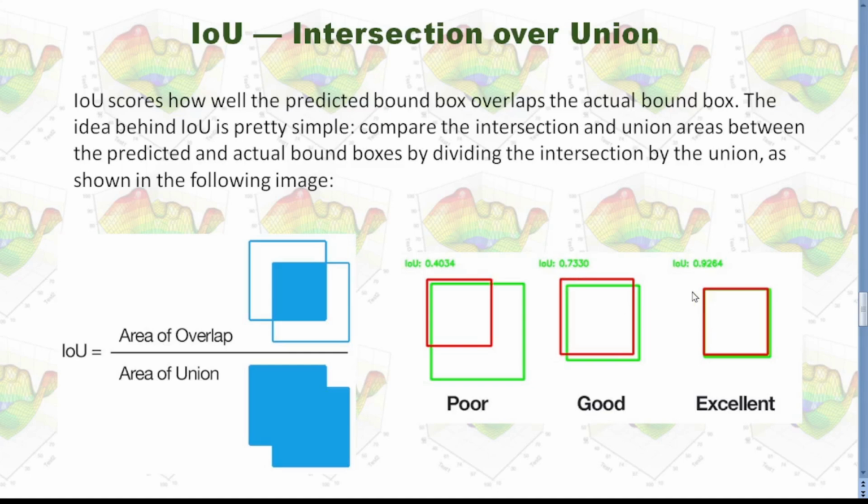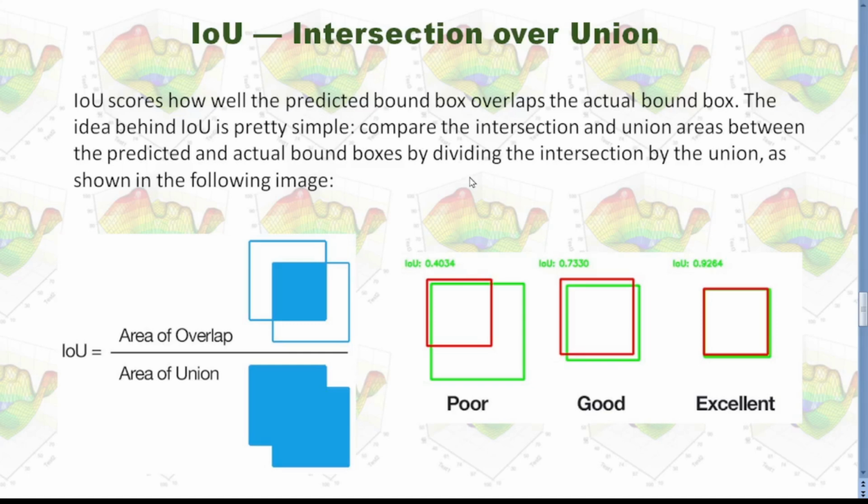If they almost match exactly, we will have an IOU of 0.9. If the predicted bounding box and actual bounding box are not consistent, we are going to have an IOU like 0.4.